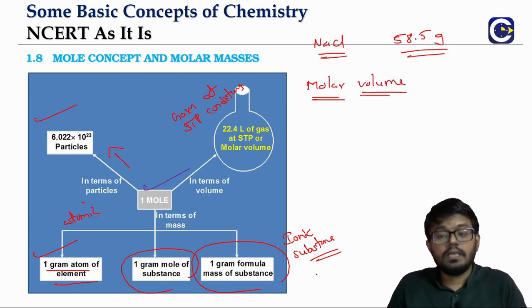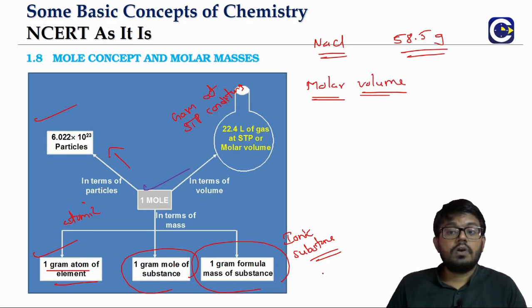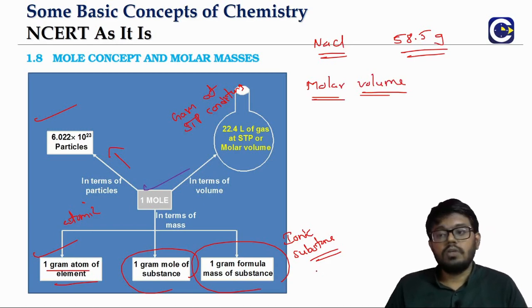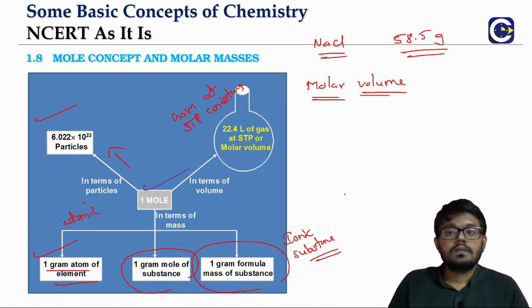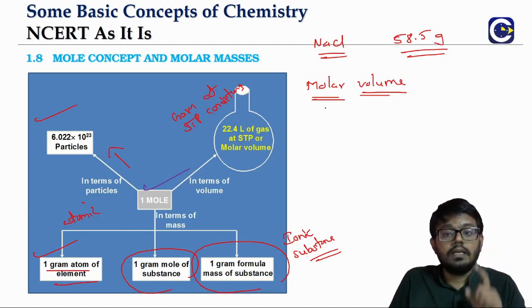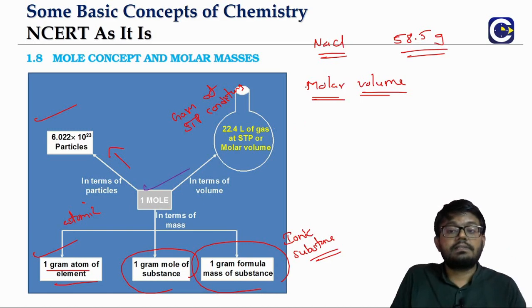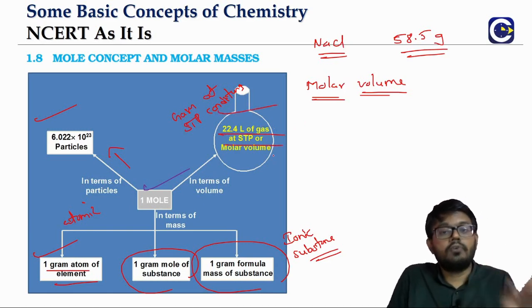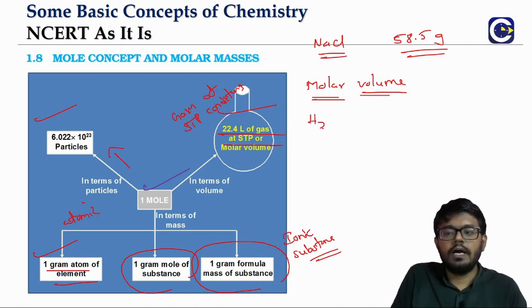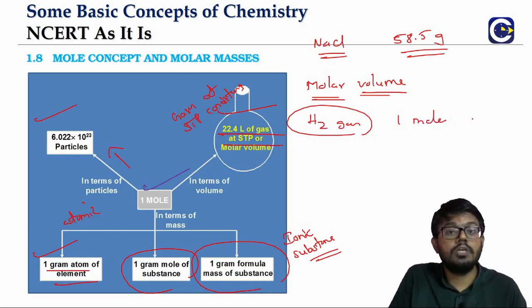What is it? The volume occupied by 1 mole of a gas. What do we call it? We will be calling it the molar volume. So the molar volume of a gas at STP conditions will be how much? 22.4 liters. So you take 1 mole of hydrogen gas, that will occupy how much volume at STP conditions? 22.4 liters.